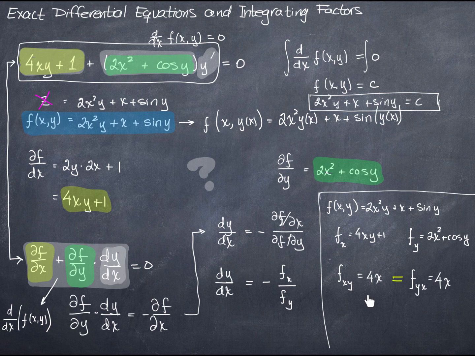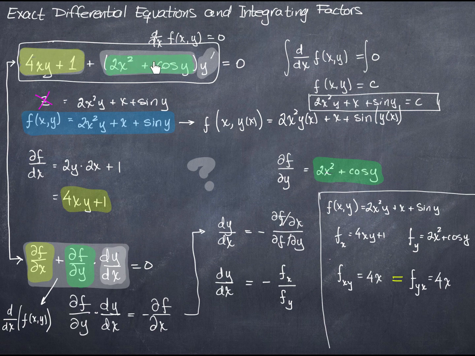It turns out what this theorem tells me is that if the derivative of this thing, first with respect to x and then with respect to y, and the derivative of this thing first with respect to y and then with respect to x, are equal, then this function exists. Now that's a little weird, but remember that the partial with respect to x was already present in this problem, right? So I have a function here which, when I take its derivative with respect to y, I get 4x.